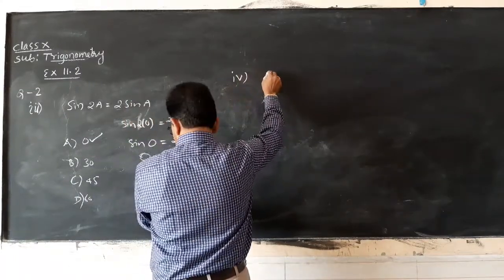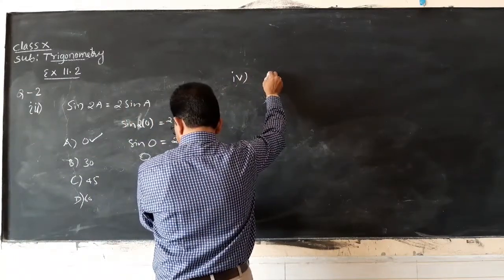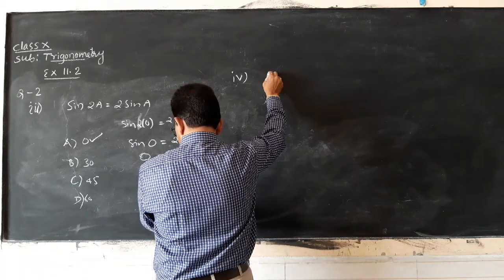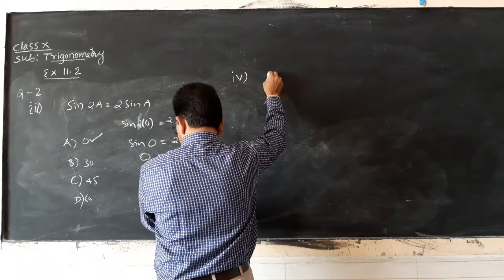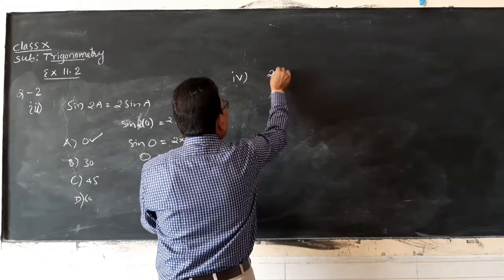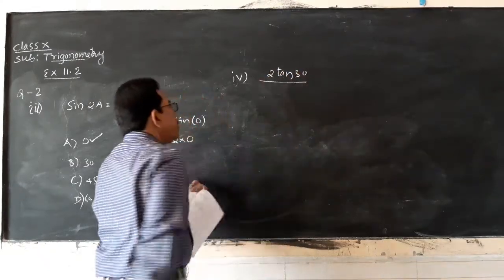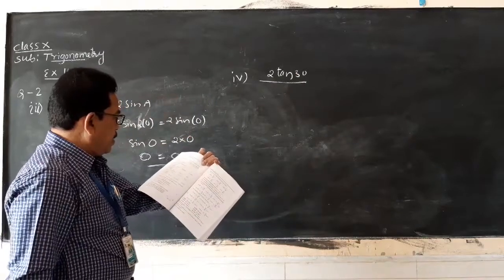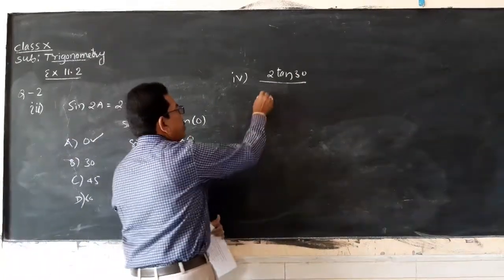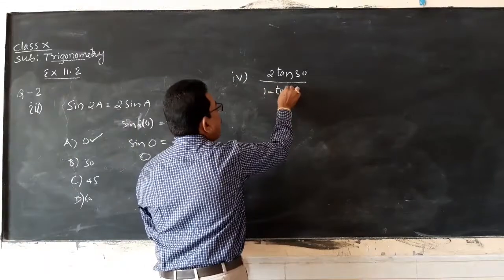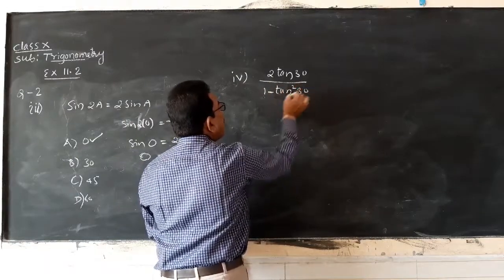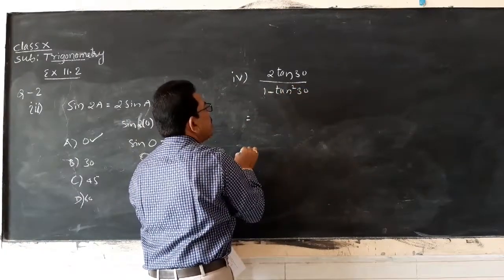2 tan 30 divided by 1 minus tan square 30.